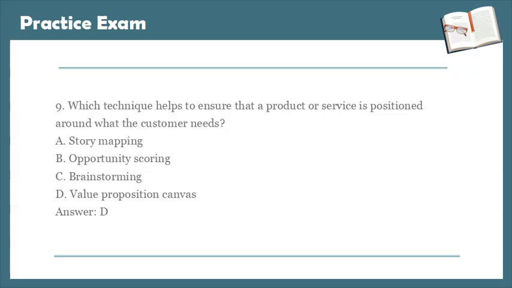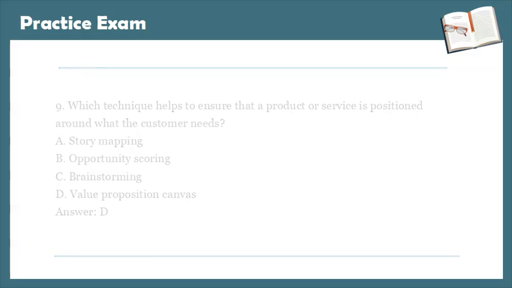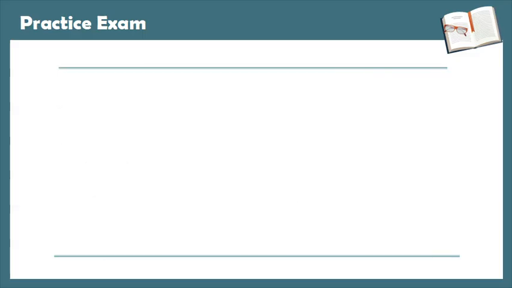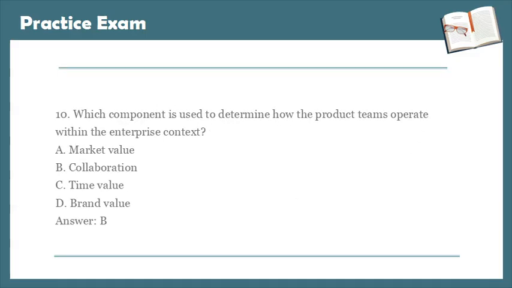Answer: D. 10. Which component is used to determine how the product teams operate within the enterprise context? A. Market value. B. Collaboration. C. Time value. D. Brand value. Answer: B.